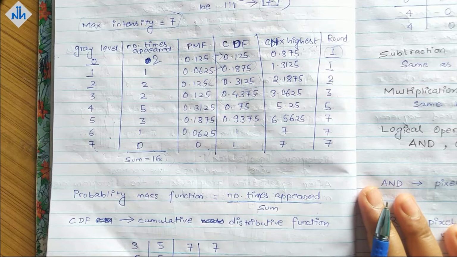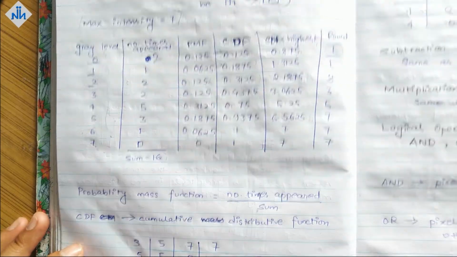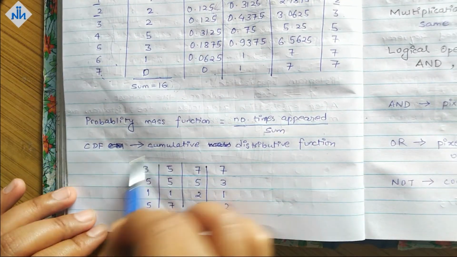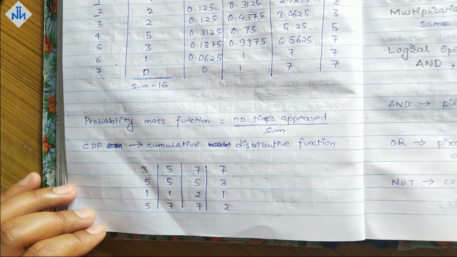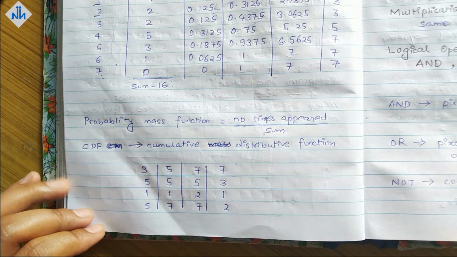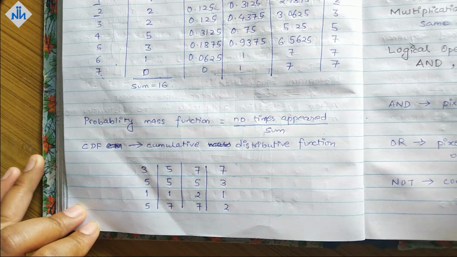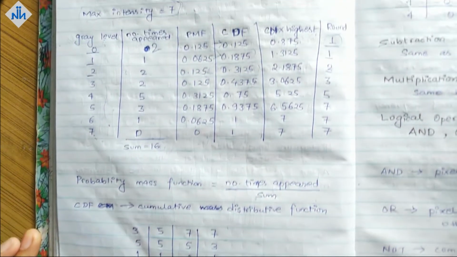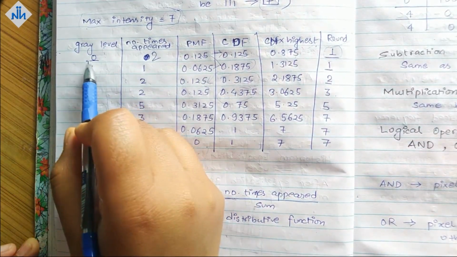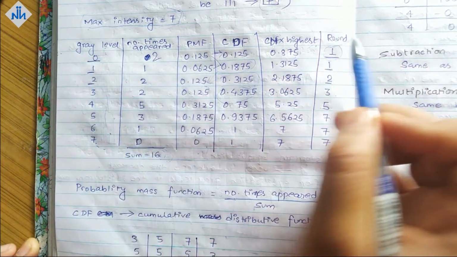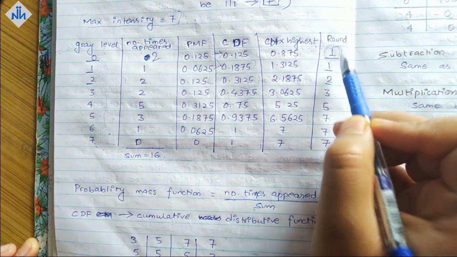Now this is a crucial step. We have to form our image again after histogram equalization. To form our new image, we go to our table and look at 0, and we find that our answer is 1.